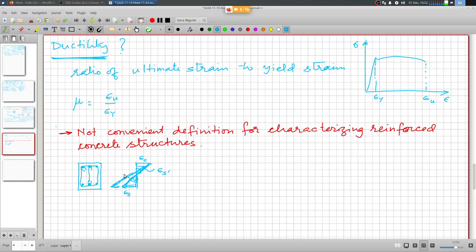The neutral axis is derived from this strain distribution, because of similarity of the triangles: the tension zone triangle is similar to the compression zone triangle. All the ratios, the basic ratio x by d, the neutral axis depth to the effective depth, are derived from this, and it is this angle which we term as curvature.